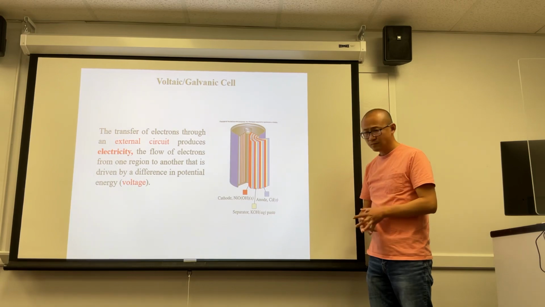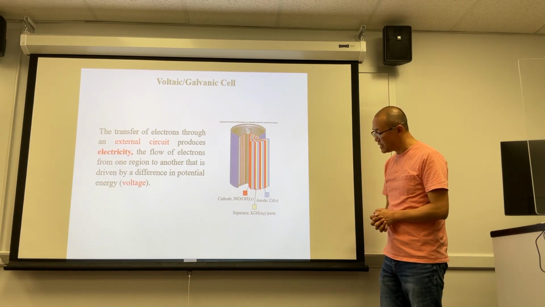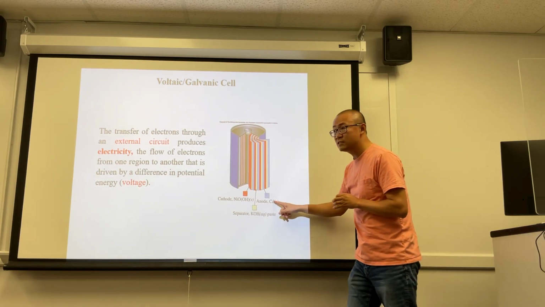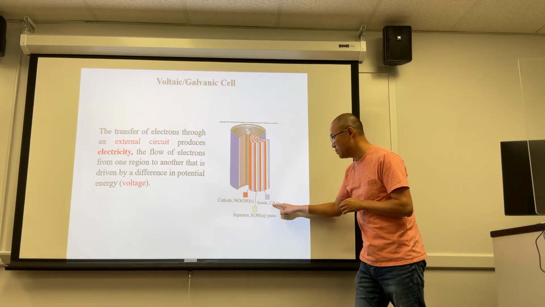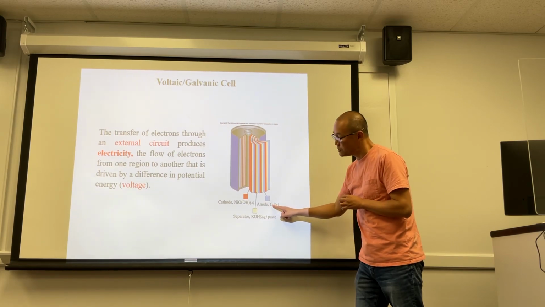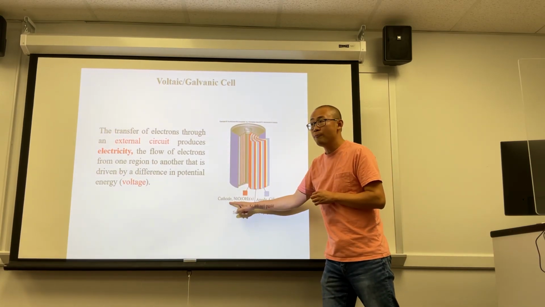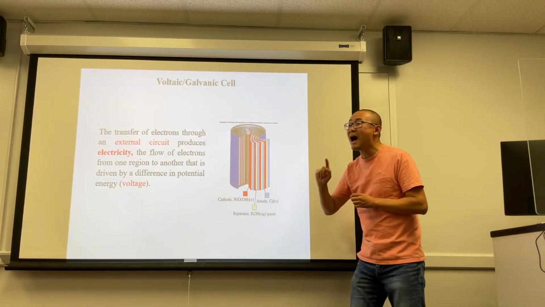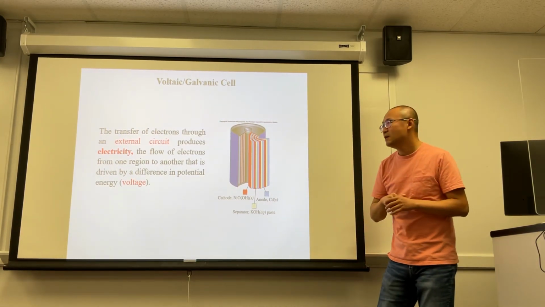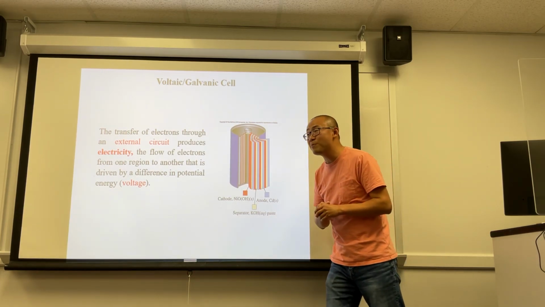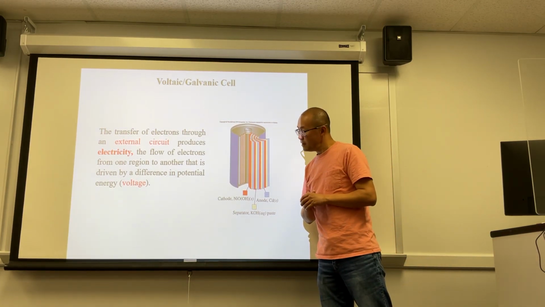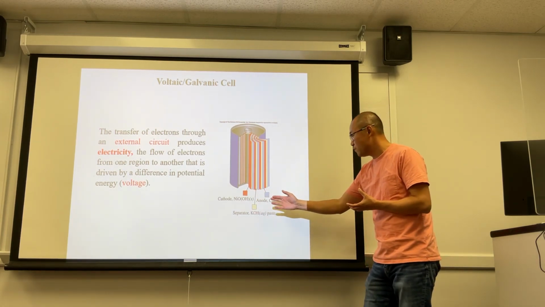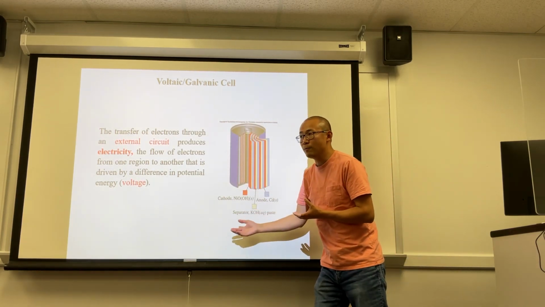Now, the electrons will always flow from the cadmium, which loses the electron, to nickel. It means the cadmium has higher electron potential. That guarantees electrons always flow from cadmium to nickel.